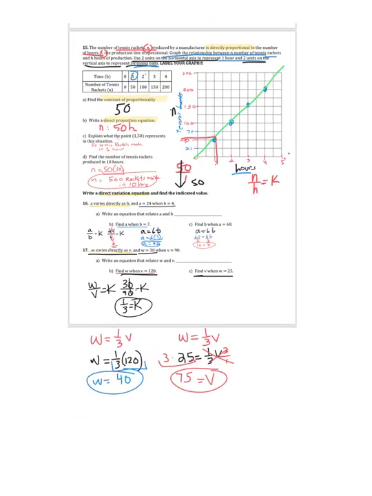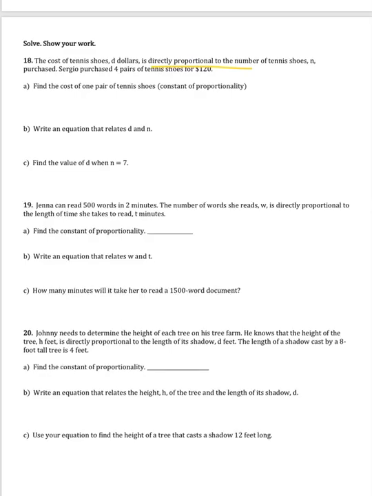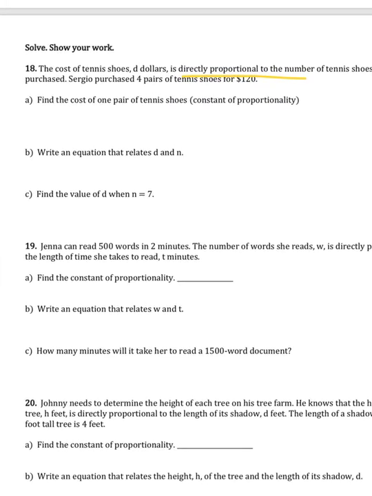Wow, a lot of work. We are almost there. Whoa, lots of stuff on here, but we can do this. All right, here we go. I see directly proportional. Okay, so Sergio purchased 4 pairs of tennis shoes for $210.